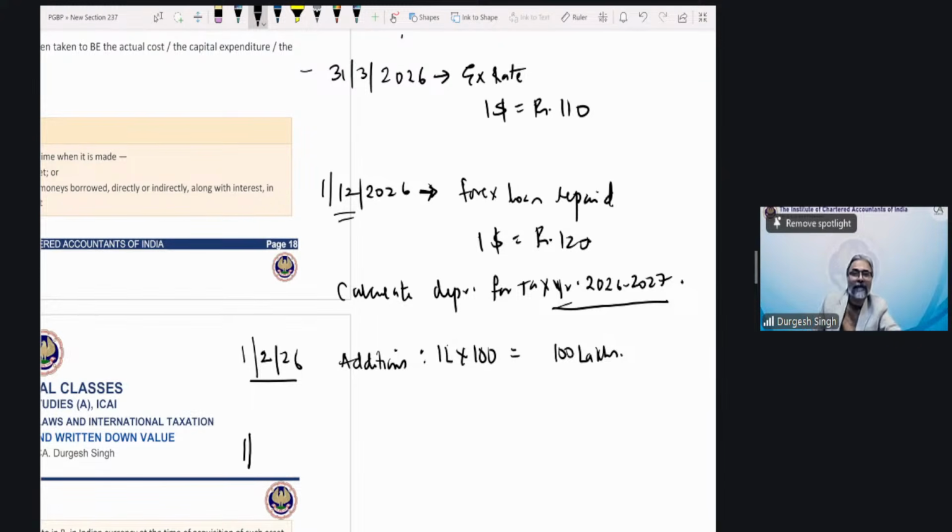Sometimes you may be asked a question which is a bit hypothetical, but still, there could be a foreign exchange loan that may be taken to purchase a local asset.